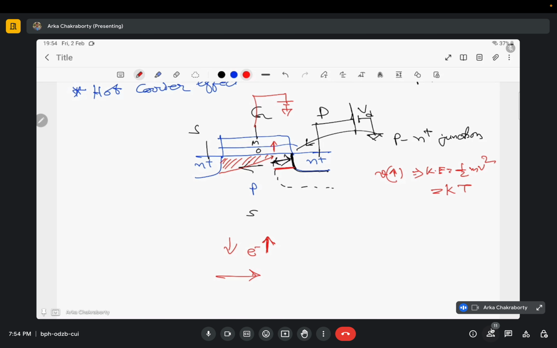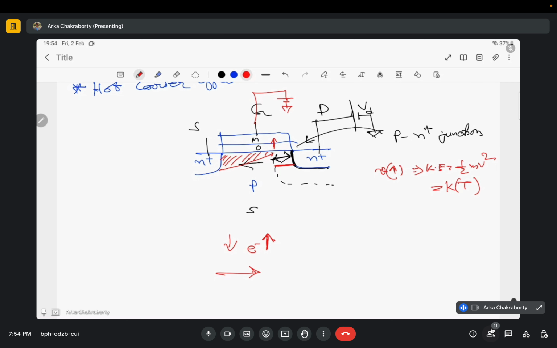Energy can also be written in terms of kT, and since k is the Boltzmann constant, which is constant, the temperature of these electrons can be thought of as increasing. That's why they are termed hot carriers.